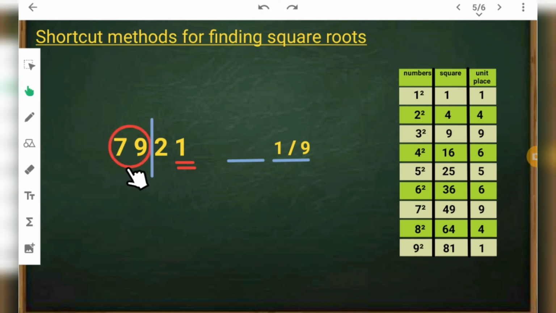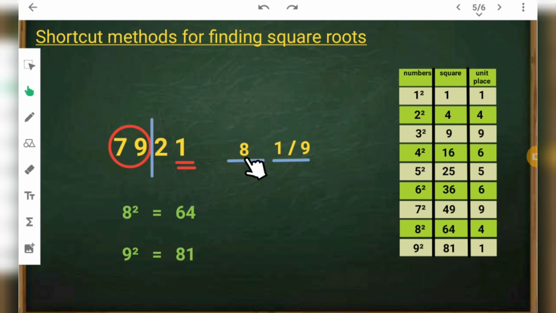And here what is the number? 79, right? 79 is a number which lies between two square values, 64 and 81. That is, 8 square is 64, 9 square is 81. Which is smaller here? 8. So I am going to place 8 over here. And then I am going to decide between 1 or 9. For that, I want to find the successor of 8.